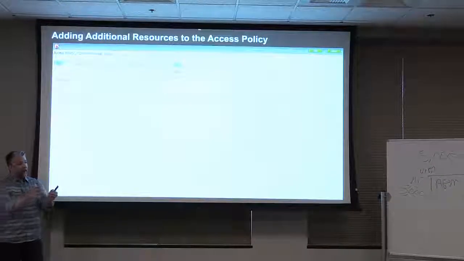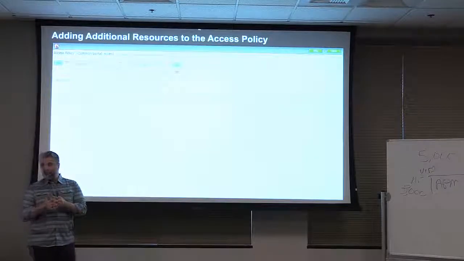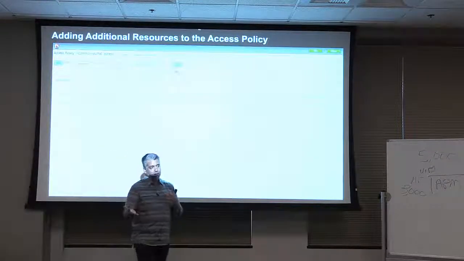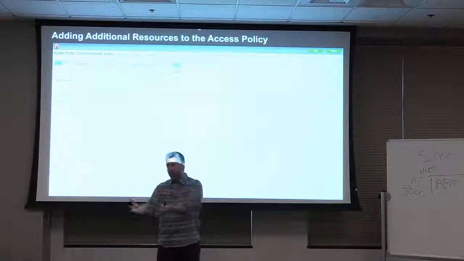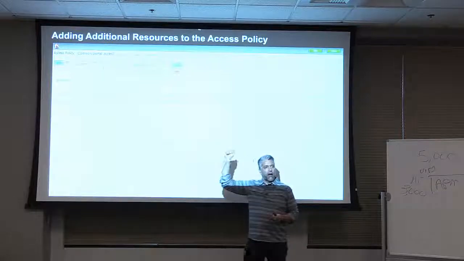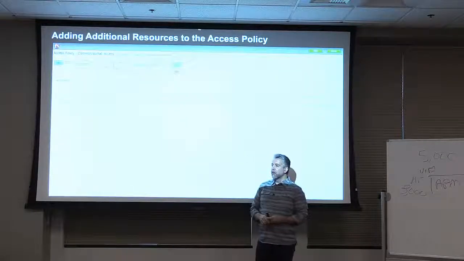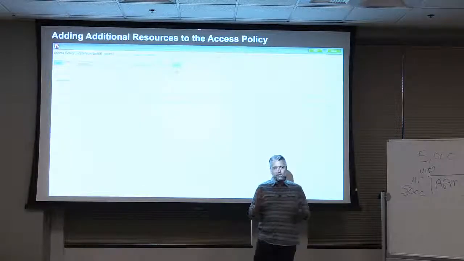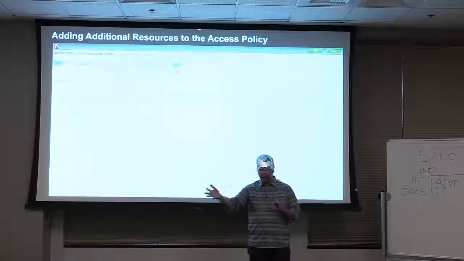So now I've got all these new resource types that I've created, 10, 20 resources. Now I want to decide which resources I want to make available to my users. Right now, my access policy is limited. In the next lesson, we'll start talking about how I can really control this based on who they are.